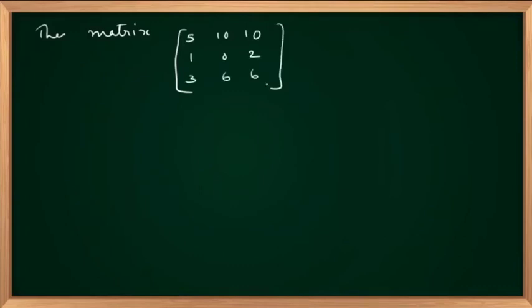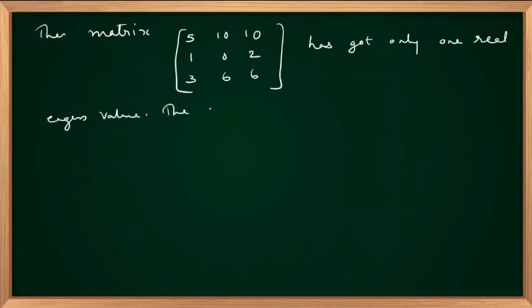I'll give another question. The matrix with rows 5, 10, 10; 1, 0, 2; 3, 6, 6 has got only one real eigenvalue.